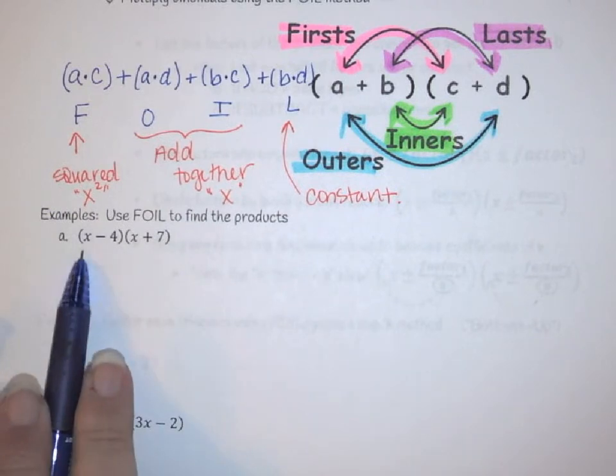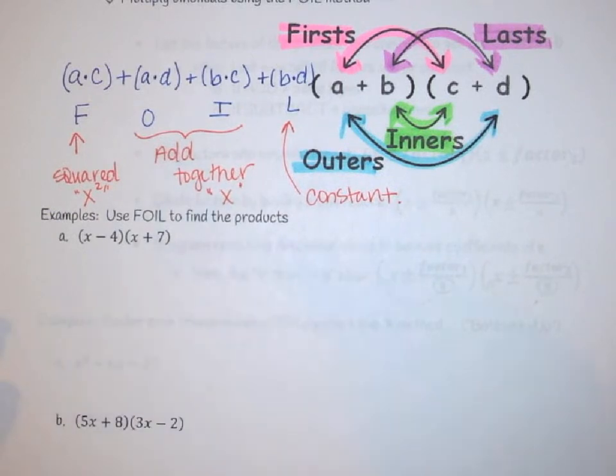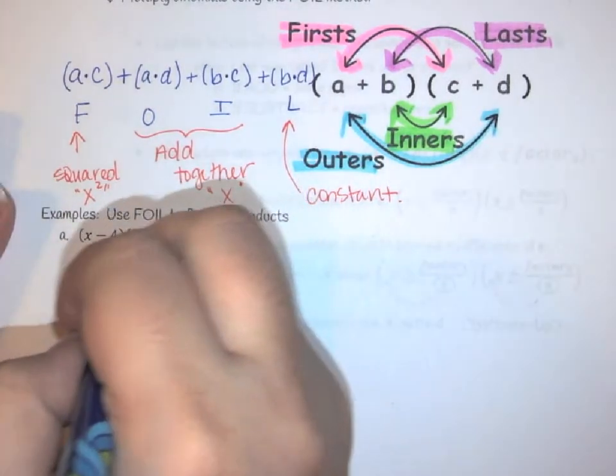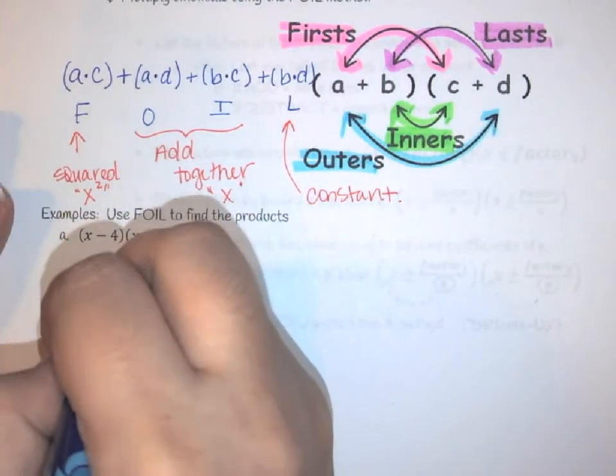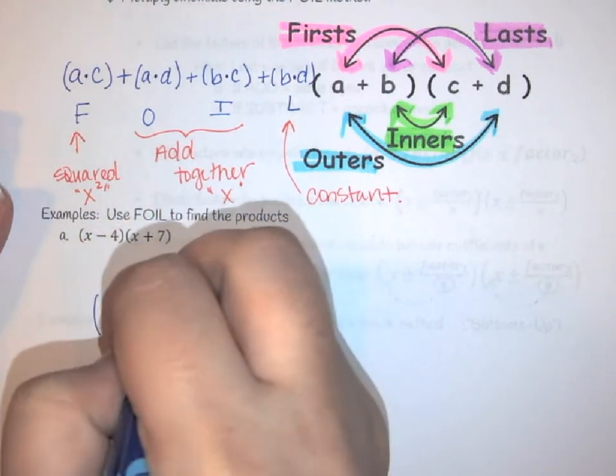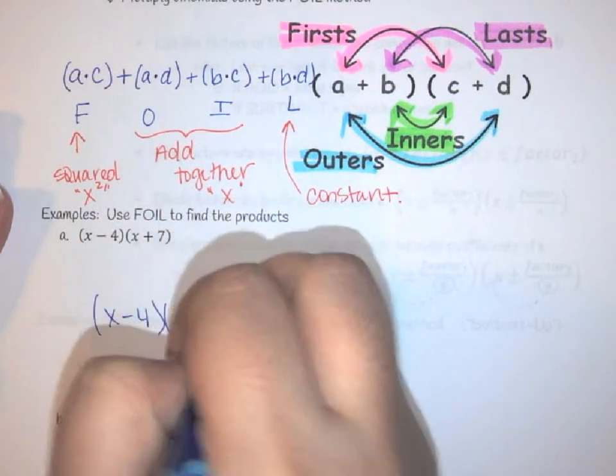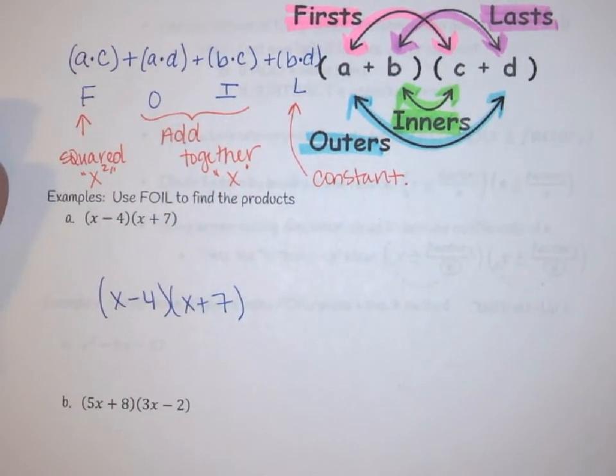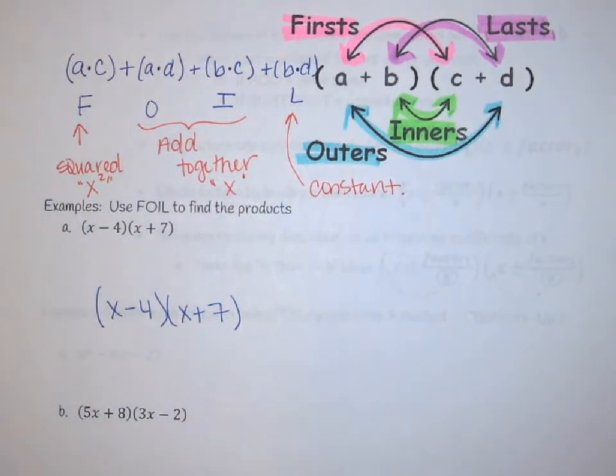Here I have x minus 4 times x plus 7. So let's actually look at that a little bit bigger. So we have x minus 4 times x plus 7. Okay. So again, we have first, outer, inner, last. And we are going to write those apart and look at what they give you. Okay.